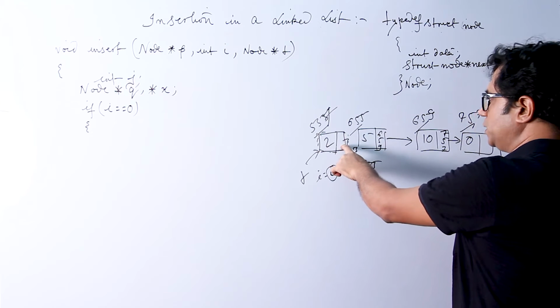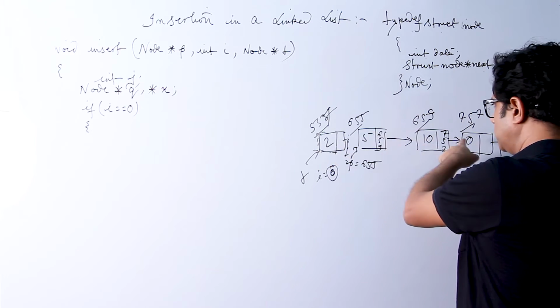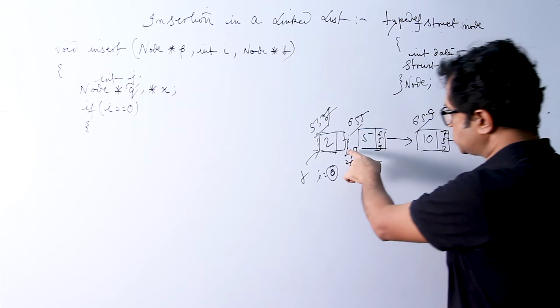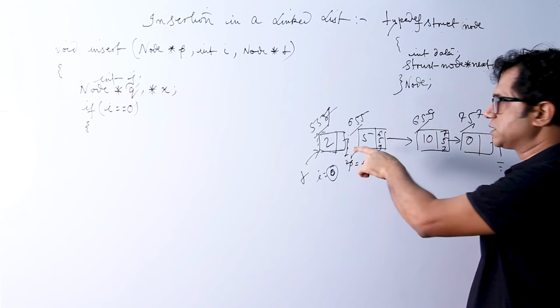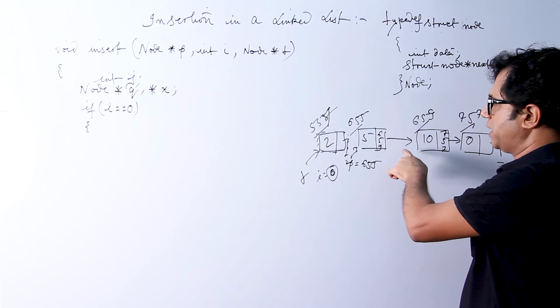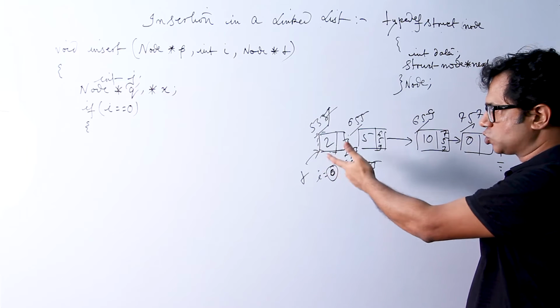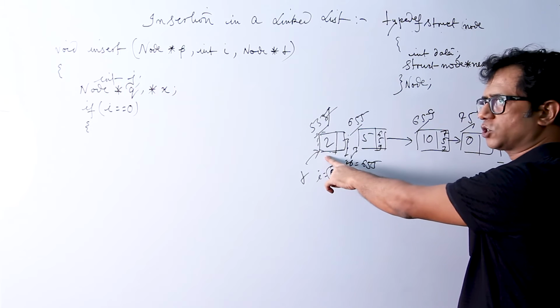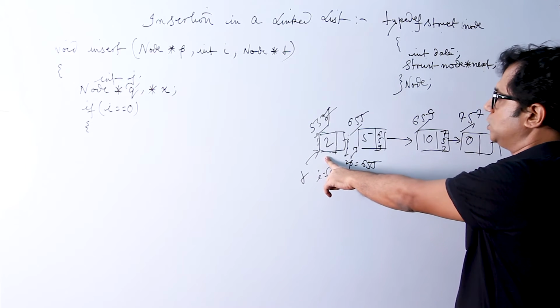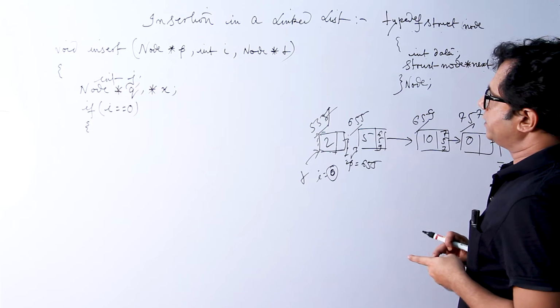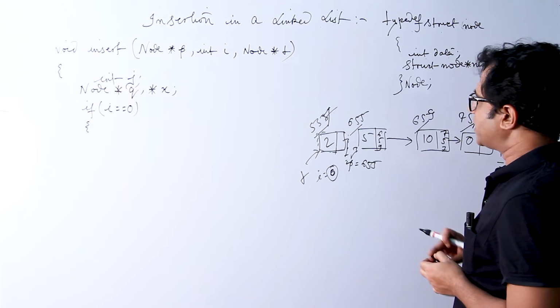So this is to be linked to the existing linked list. This is to be made a part and parcel of the existing linked list and is to be inserted at the beginning so as to make it the first node of the entire sequence. So in that case, what will be the pointer changes we have to make?